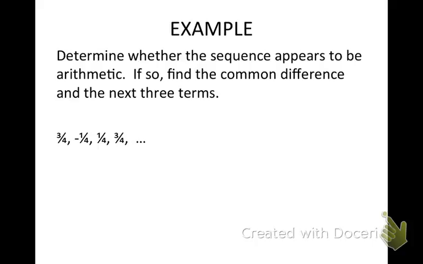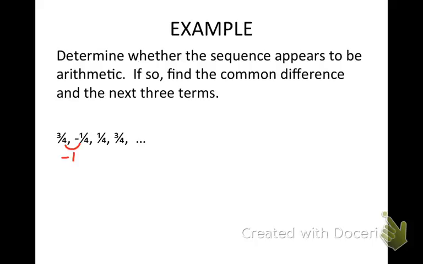Now, one thing that's nice about arithmetic sequences is you're always looking to see either adding or subtracting. So how do I go from 3/4 to negative 1/4? We're subtracting how many fourths? 4/4, which is really 1, right? So we're taking away 1 to go from here to there.